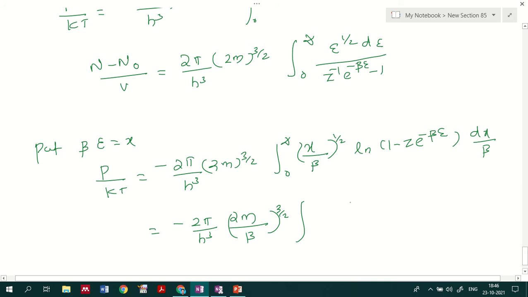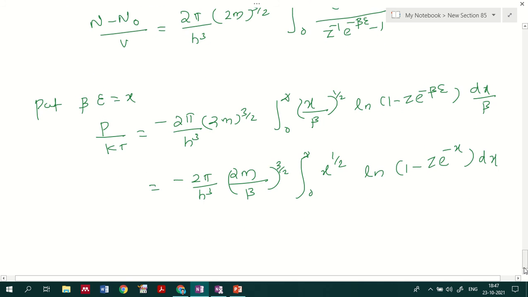Because there is a beta over here and beta raised to 1 by 2 over here, I can write this as beta raised to 3 by 2. So 0 to infinity x raised to 1 by 2 ln 1 minus z e raised to minus x, dx will be there.